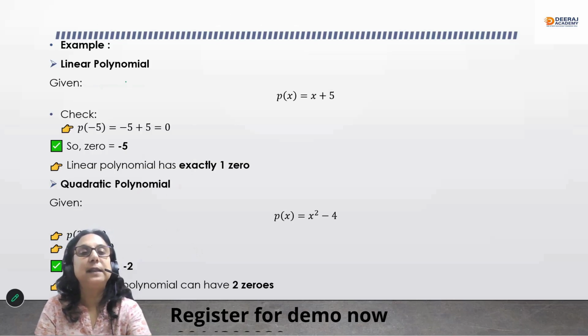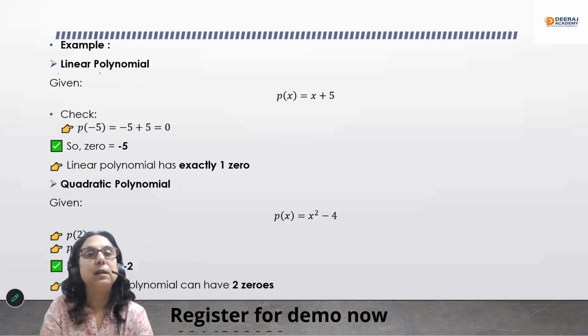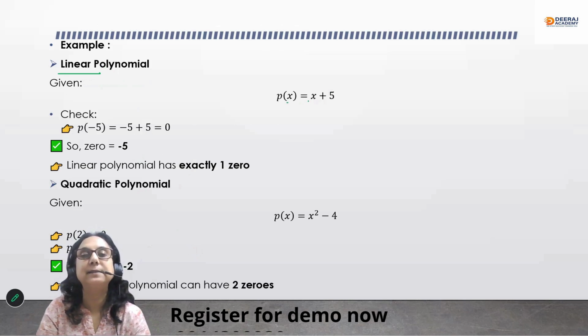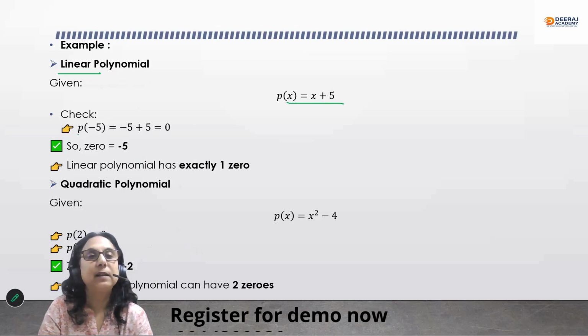This is the linear polynomial. What is a linear polynomial? When we have degree 1. Here p(x) equals x plus 5. If we check, p(negative 5) is equal to 0, which means the zero of this polynomial is negative 5.